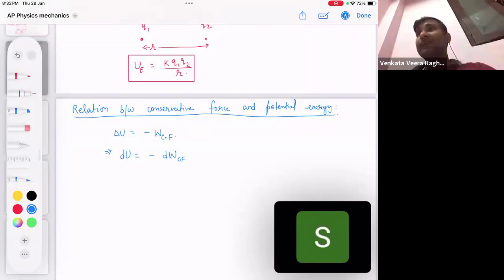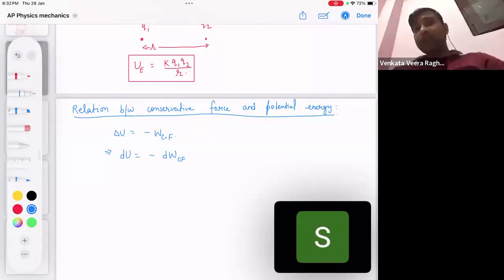Now you see here dU equal to minus dW. What does the definition of work say? We are writing only a small amount of work done, so I can write it as F into dx.